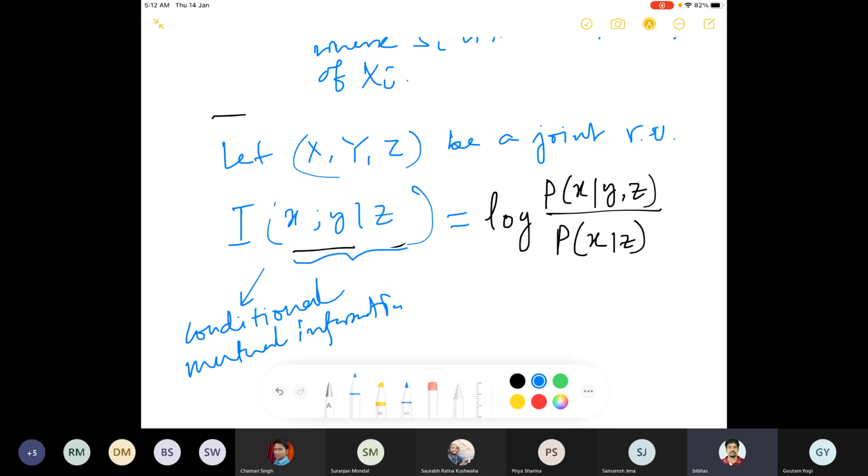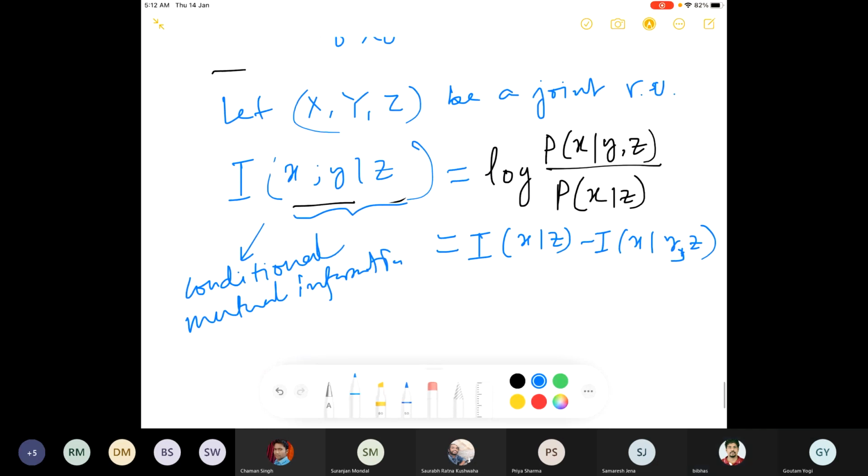Now the thing is, what is that equal to? Can we write this as I(X; Y given Z) equals I(X given Z) minus I(X given Y, Z)? Isn't this the definition of the conditional mutual information?